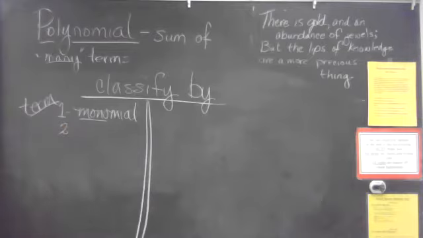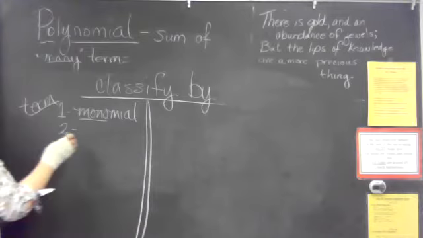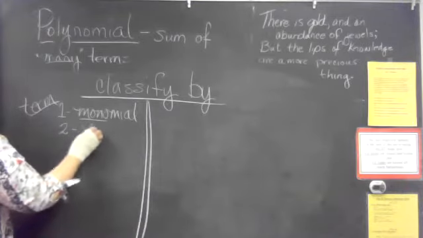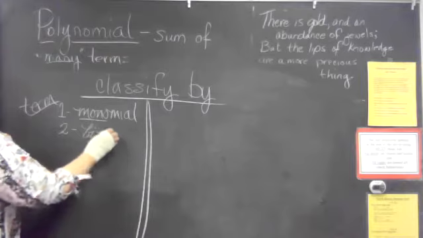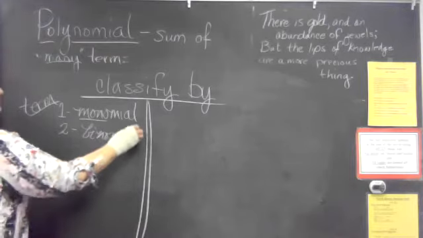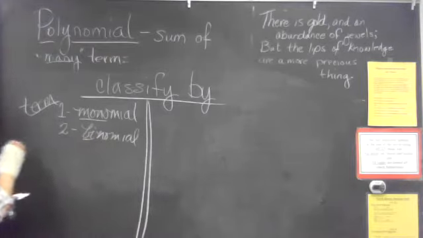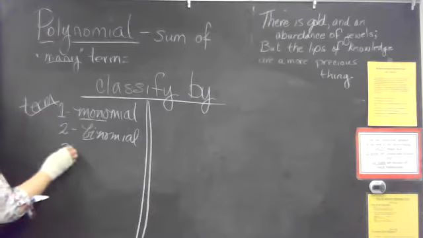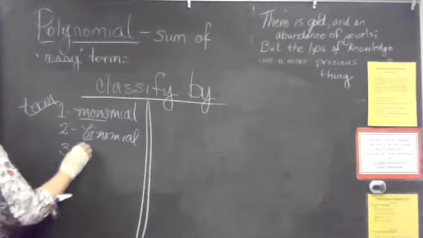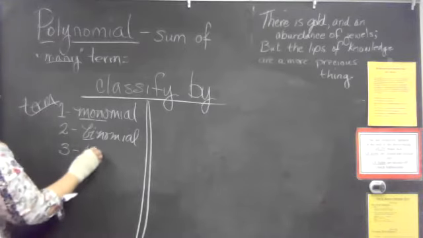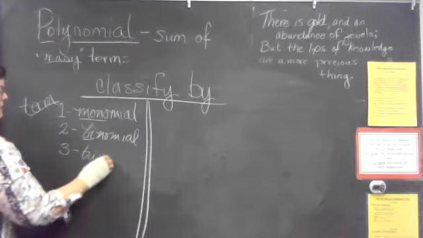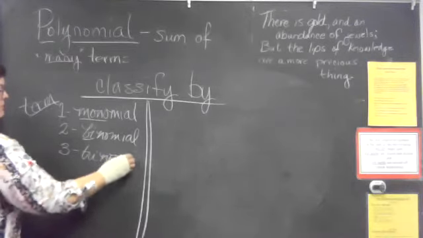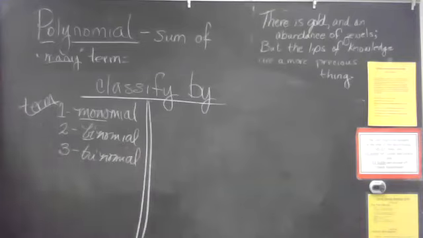If there are two terms, you can remember it like a bicycle: binomial. Bi means two. Like a tricycle, it's a trinomial because it has three terms.